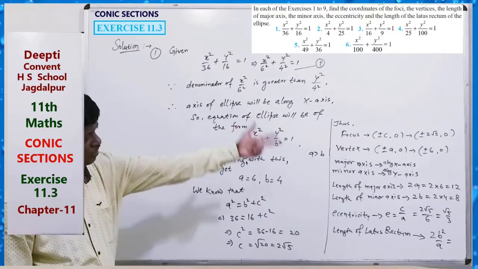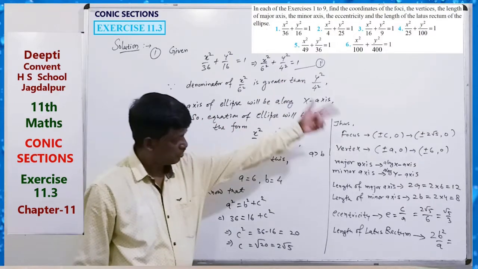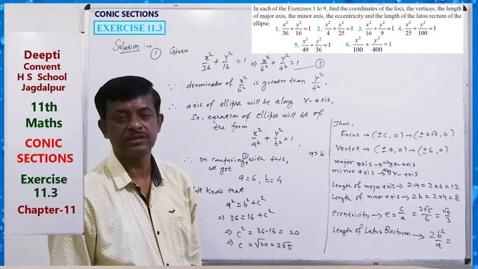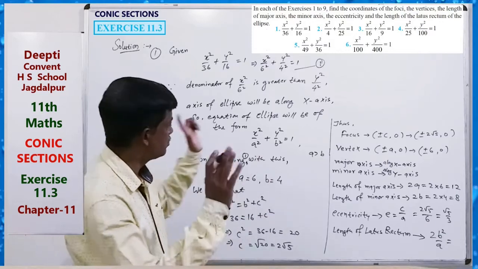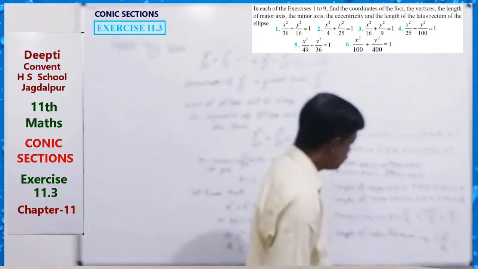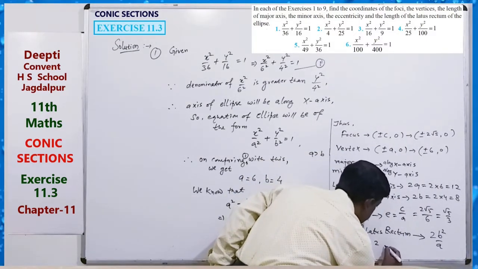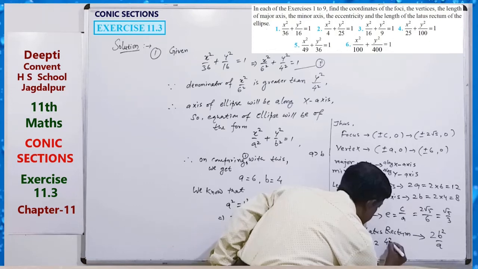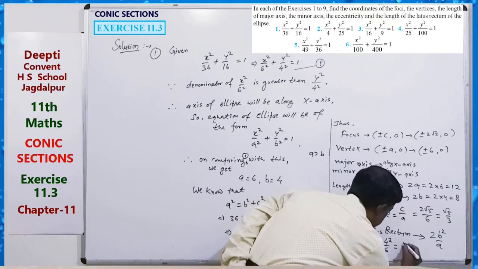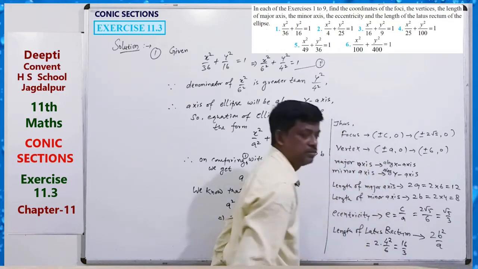Clear? Or you can find all the values by using these formulas. Just depend on the format. Okay. And 2b square by a, you can find 2b square by 2. b square means what? 4 square by 6 equals to 16 by 3.